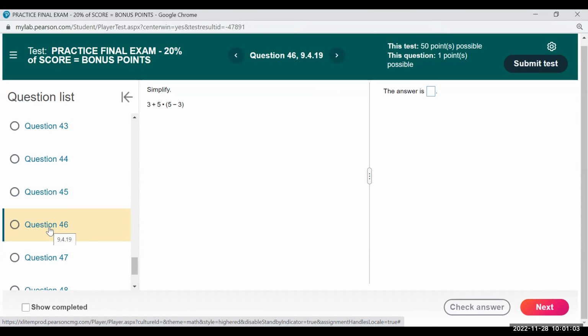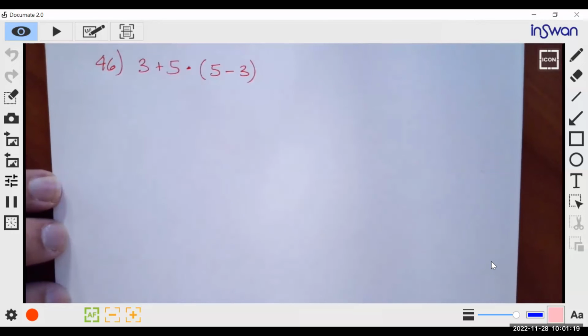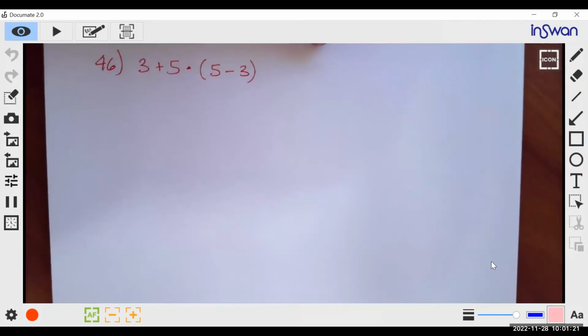Three plus 5 times 5 minus 3. Special operations first.